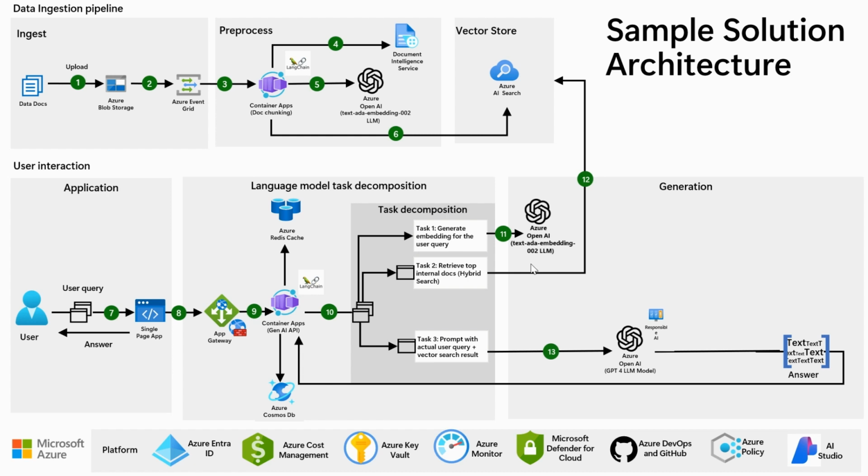Once we get that information back, we are going to send that detail along with the user question to the actual chat model. In this case, it's GPT-4. And then once we get the response back from GPT-4, you can even store that information in an in-memory cache like a Redis cache, and we can use that information for future conversations with the user.